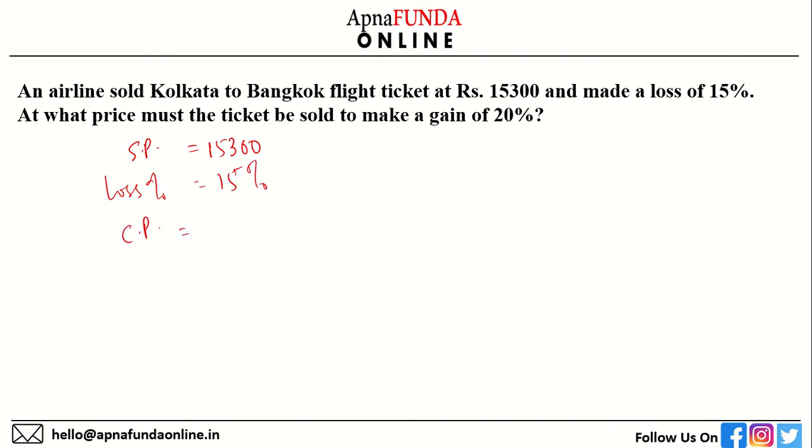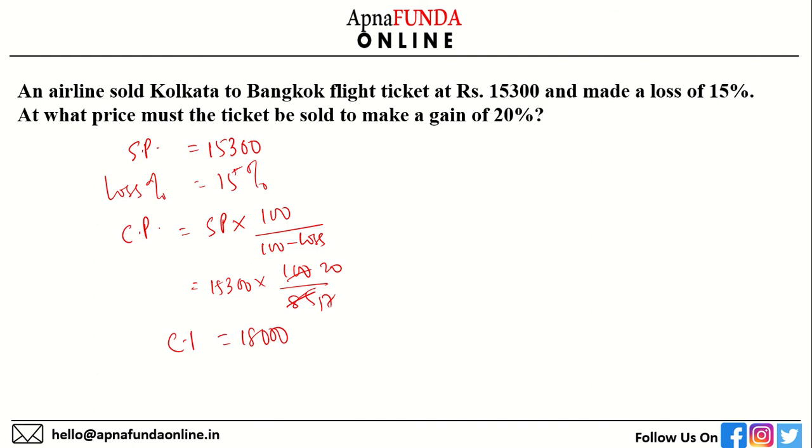So cost price, which is selling price into 100 by 100 minus loss, this will be 15,300 into 100 by 85. This will be 18,000. So I have the final cost price as 18,000.